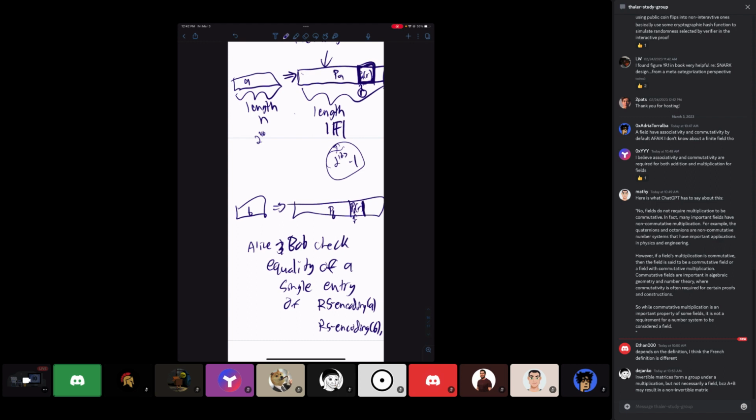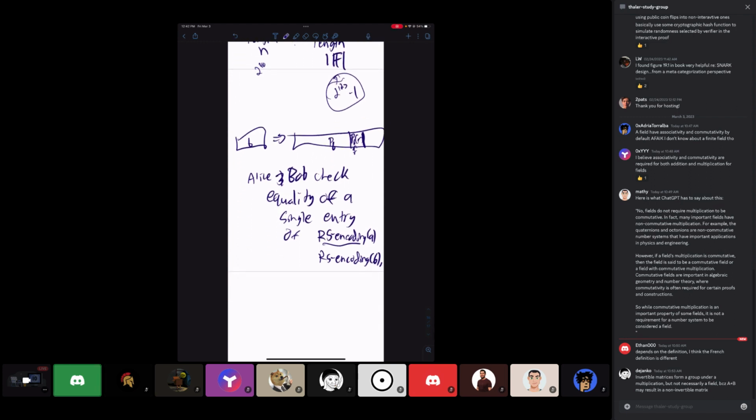So that's a way to view what they did in terms of the Reed-Solomon code. So all I did was I said, they're implicitly replacing their vectors with these redundantly encoded versions of their vectors, and just checking that the encodings are equal at a single randomly chosen entry.